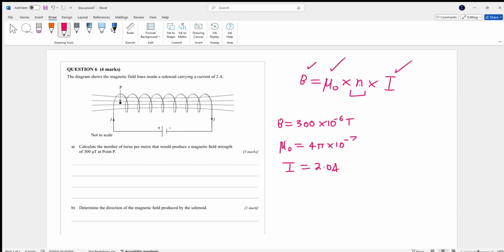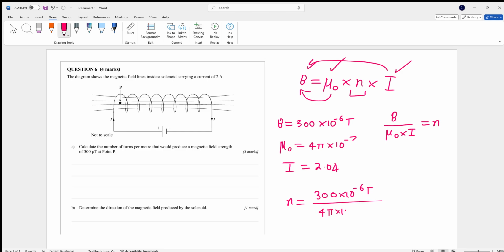So here all we've got to do is rearrange this formula. We move both of these onto the other side to get the number of turns per meter as the subject, so we divide both sides by the permeability of free space and the current. So number of turns per meter is 300 times 10 to the -6 Tesla over 4 pi times 10 to the -7 times 2.